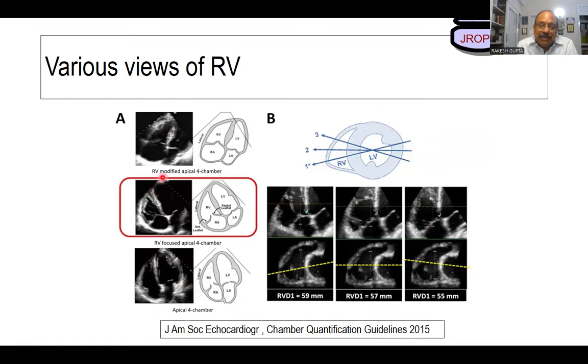The LV apex remains in the same place, but we have modified in such a fashion that we are focusing on RVRA. In this, you can't see the apex very clearly. Here you can see it, but the LV apex is gone. Here the LV apex remains at the same place, but the RV apex becomes very clear. And this is where the maximum measurements are recommended.